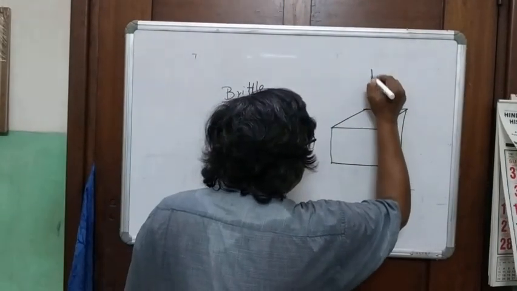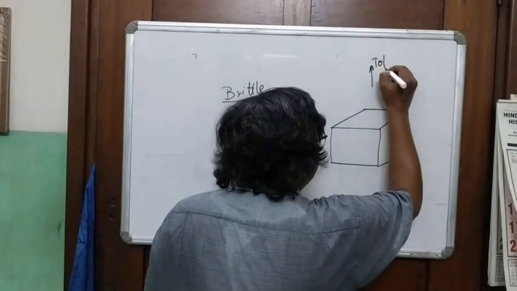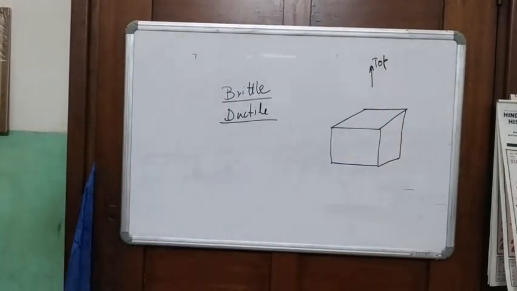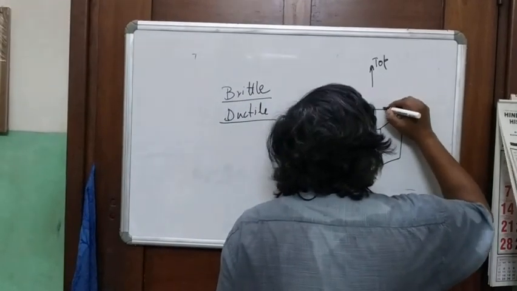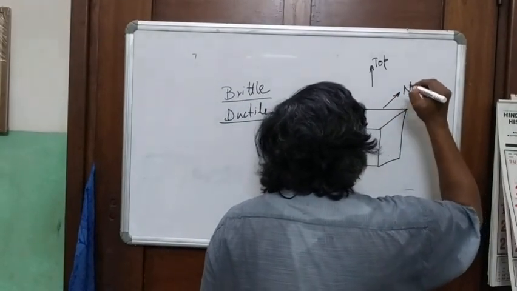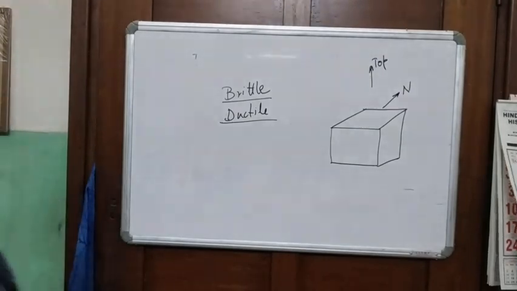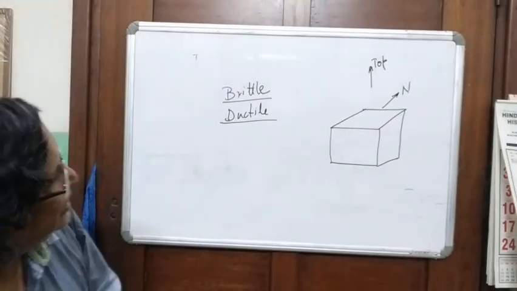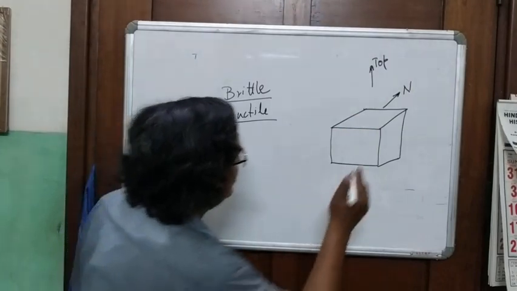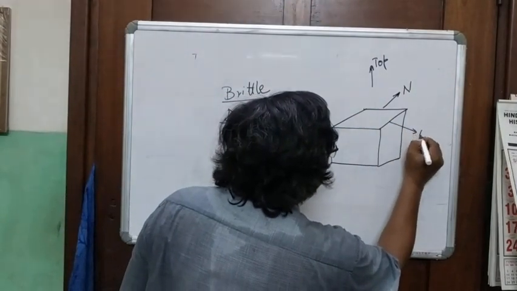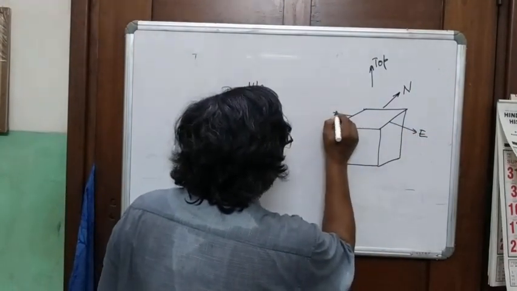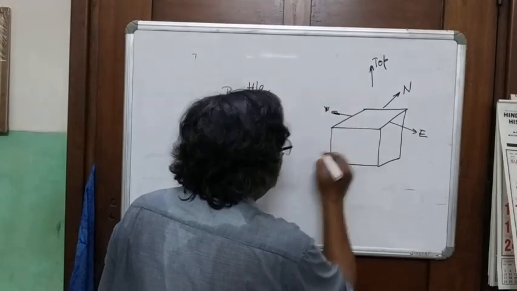This is top, right? This is typically, everything in earth sciences is measured relative to north. This here, of course, you can understand, this is east, and this is west, and this is south.